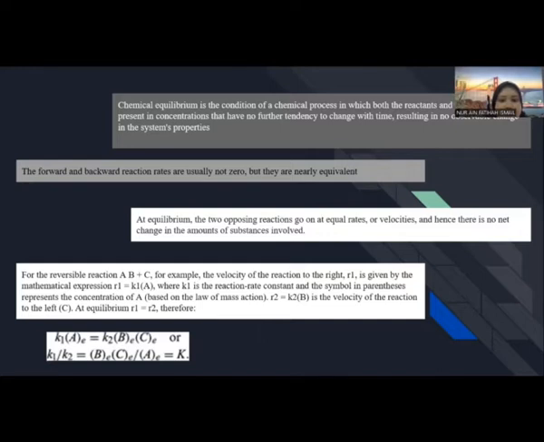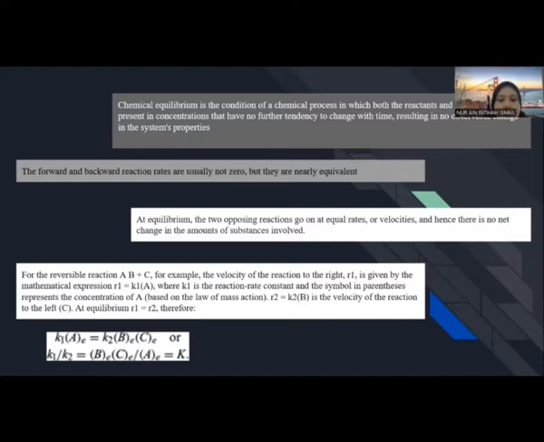The condition that determines equilibrium can be quantified for the reversible reaction A going to C and back. For example, the velocity of the reaction to the right, R1, is given by the mathematical expression R1 equals K1[A], where K1 is the reaction rate constant and the symbol in brackets represents the concentration of A, based on the law of mass action.